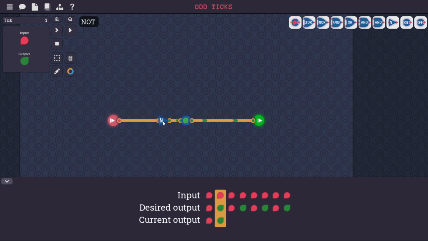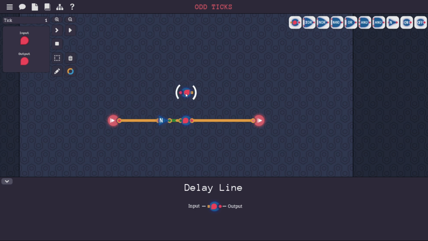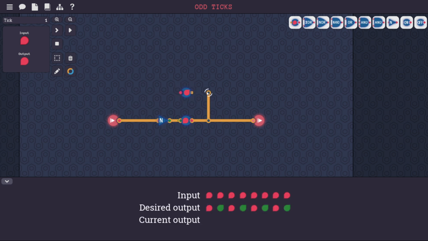But now this should be off so that it influences this. So that means maybe I need another delay that's able to influence this, like in this way.